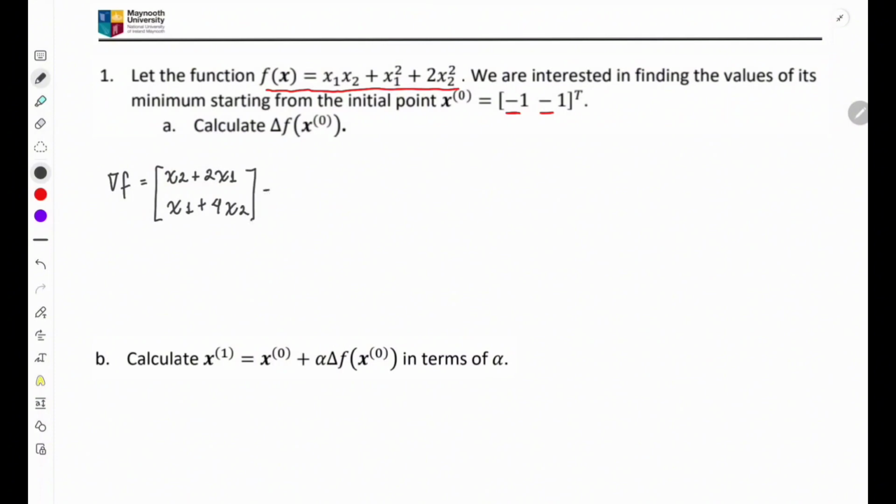What's going to change is that now we need to replace x1 and x2 with x0, in that case -1. So here our gradient now is going to be -3 and -5.